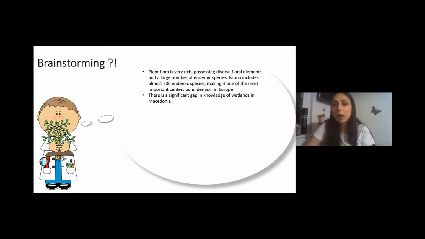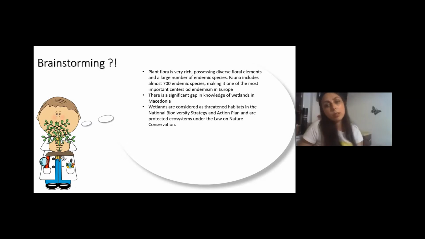There are some partial phytocenological studies, but regarding their ecology, there is a lack of knowledge. On the other side, wetlands are considered threatened habitats in the National Biodiversity Strategy and Action Plan. And according to the law of nature conservation in Macedonia, they are designated as protected ecosystems.